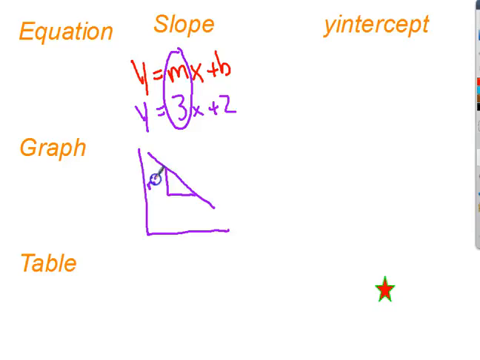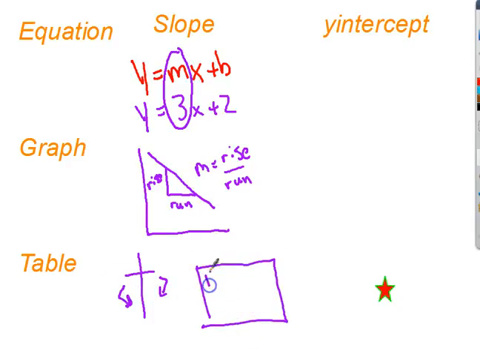In a graph, the way to find the slope is by drawing a rise-run triangle. So the distance up or down is the rise, the distance side to side is the run, and the slope is the rise divided by the run. In a table, the way to find the slope is using subtract, subtract, and then divide. Step 1, subtract, that's the change in y.